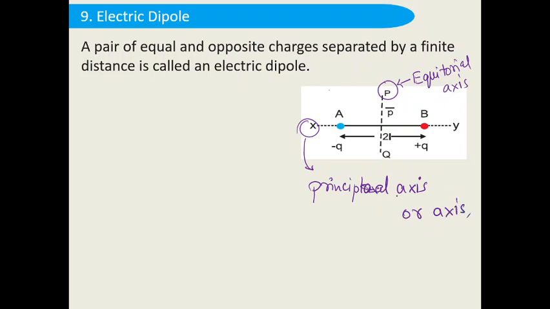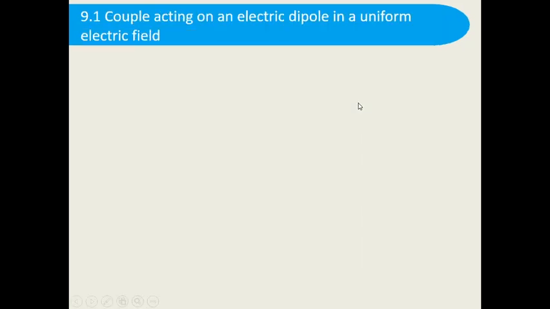So principal axis and equatorial axis are the two axes. The distance between the two charges is 2L, and we know that P bar is equal to q into 2L bar. This is called the electric dipole moment.